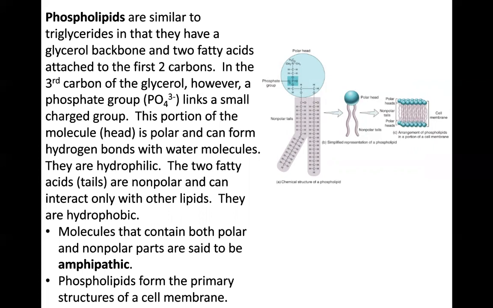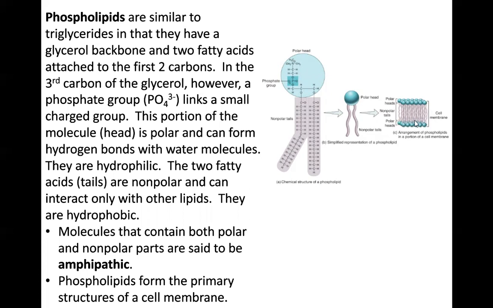Now, why is this important? Well, they create and are the primary structures of our plasma or cell membranes, which is the structure that surrounds all of our cells. And they create a double layer of phospholipids, what we call a bilayer, where the tails are pointing in the same direction as one another, and the heads are pointing outward from one another. The heads point into the cell, which is full of water, and outside of the cell, which is where you also have water.